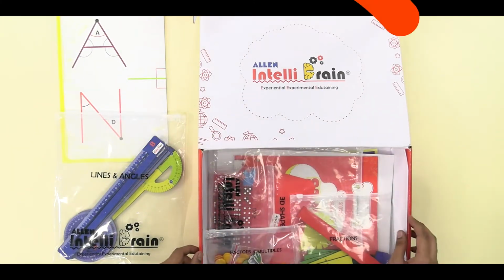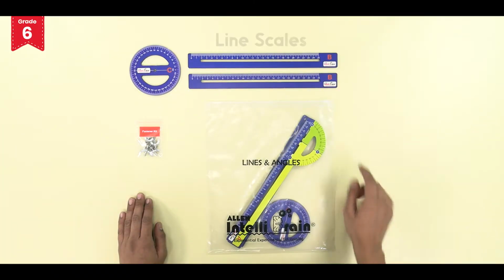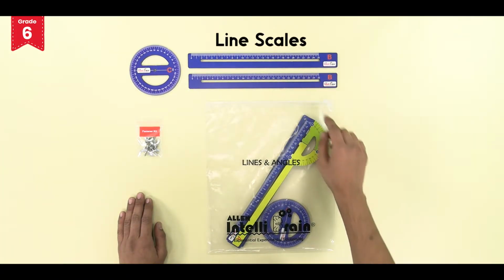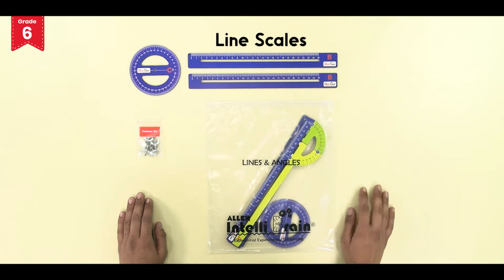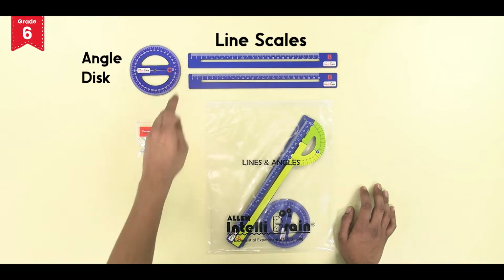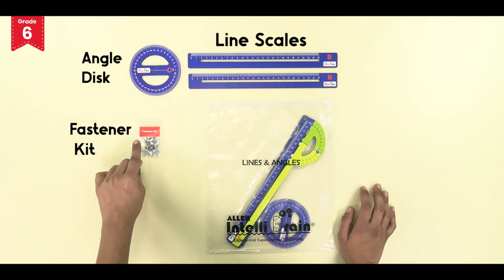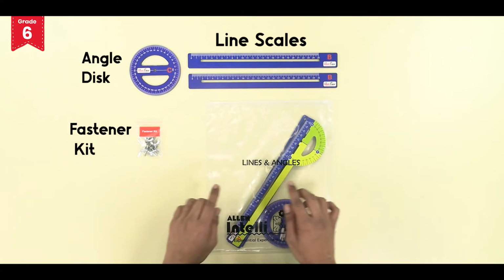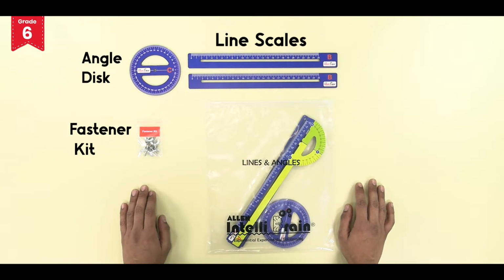Take out the two line scales referred as the measuring tool B, the angle disc referred as the measuring tool C, and the fastener kit from the lines and angles kit of your Intelli Smart Box.